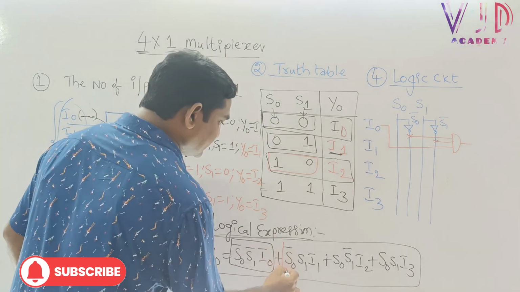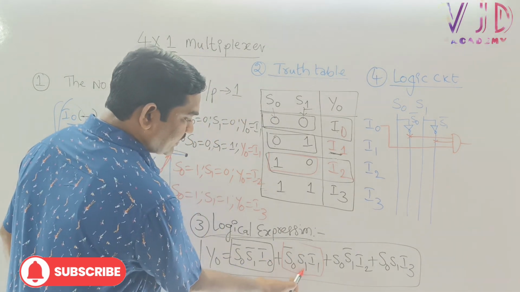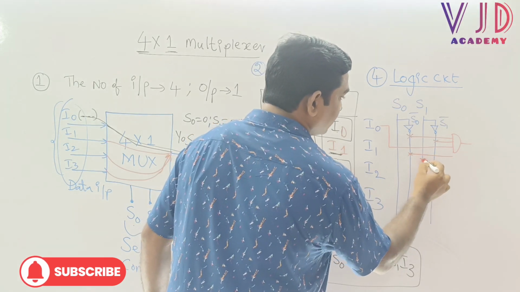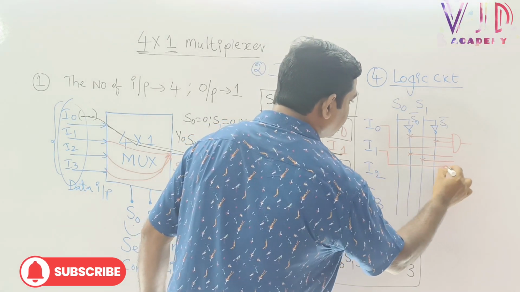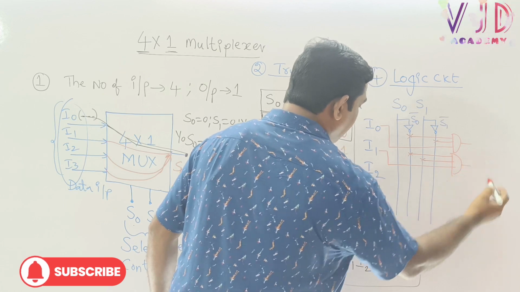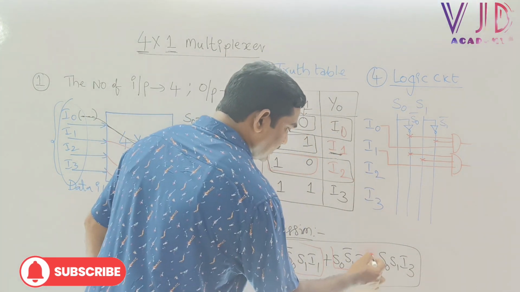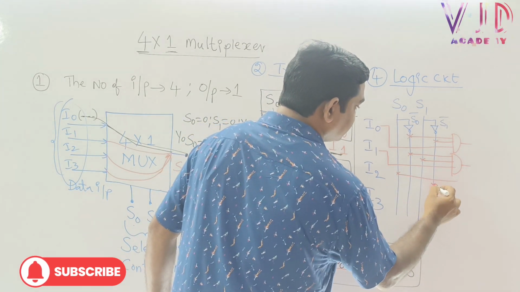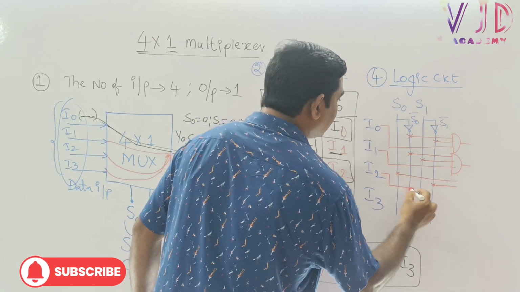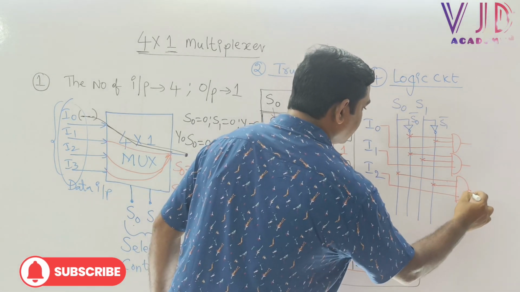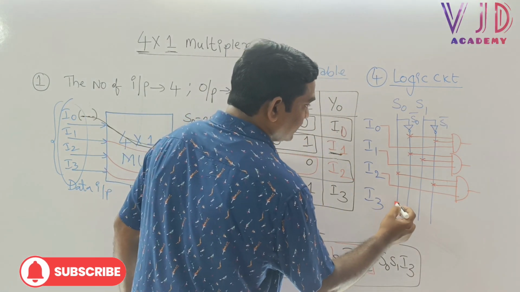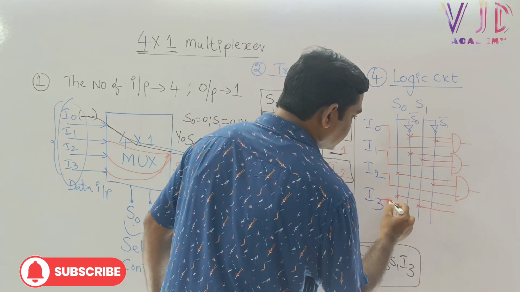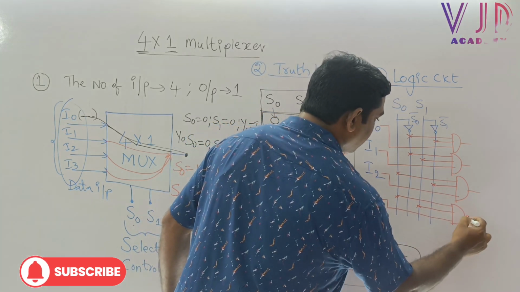The second connection is S0 bar, S1 and I1. The third connection is S0, S1 bar and I2. And finally S0, S1 and I3, one more AND gate.